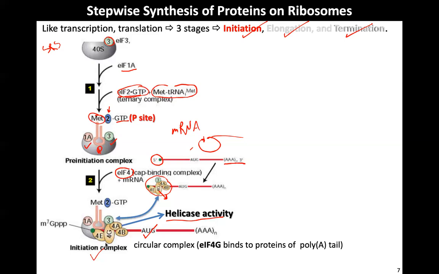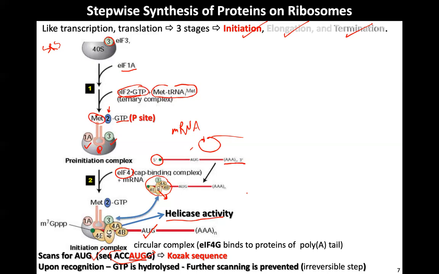So this initiation complex needs to scan the messenger RNA in order to sit on the start codon of the messenger RNA. As we said, it will scan for this peculiar sequence, which includes the AUG, and this sequence is called a Kozak sequence.